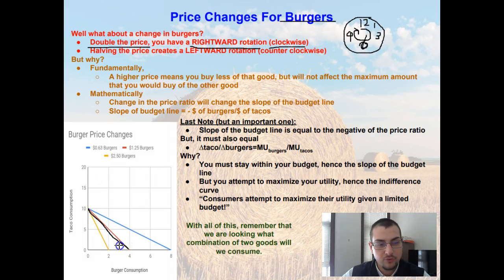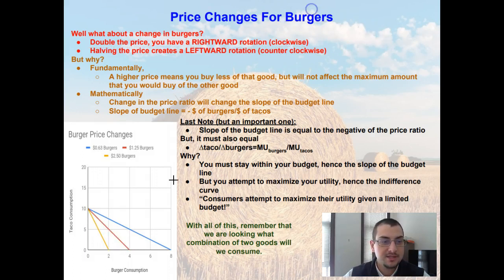And it's actually going to move clockwise. It's going to rotate to the right. It's going to rotate clockwise. And basically what that's saying is that when the price of hamburgers doubles, the maximum amount of hamburgers that we can now buy, given our budget of $5, is 2 hamburgers. Even if we consume no tacos, we can only consume 2 hamburgers.